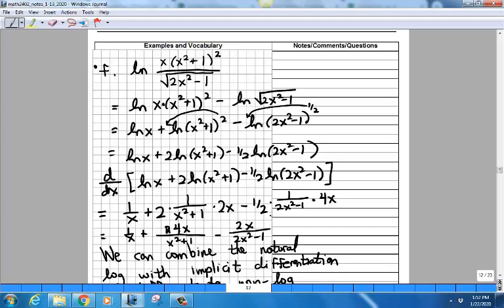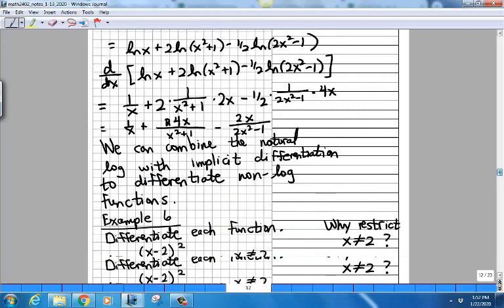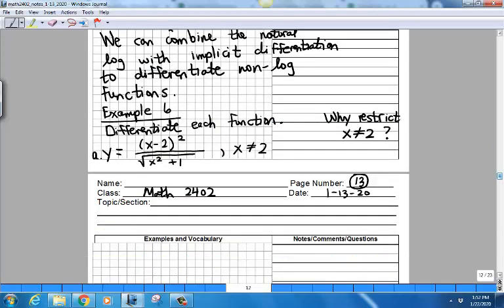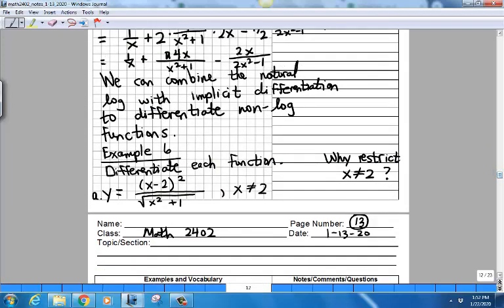All right. Now, we're going to do something a little bit more exotic, though. So what our text here says is we can combine differentiation of natural log, right, with implicit differentiation.